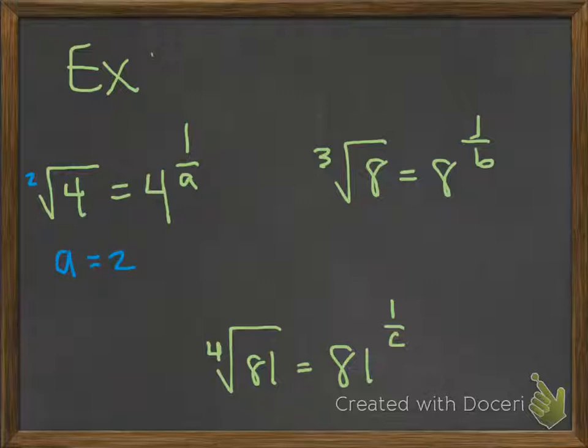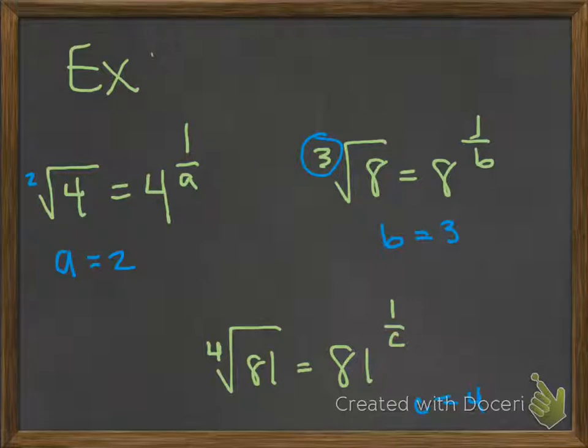For the second example, they would like to know what b is, and notice I'm taking the cube root, so b is equal to 3. For the last one, I'm taking the fourth root, so this is the same thing as saying 81 raised to the 1 over 4 power. So c is equal to 4.